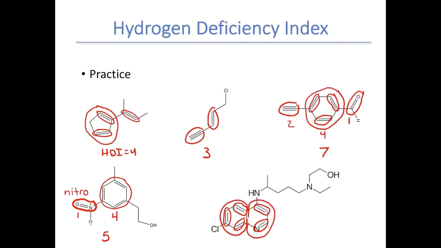And we examine the rest of the molecule, and there are no pi bonds or rings in the rest of it. So that means overall hydroxychloroquine has an HDI of 7. As you can see, looking at the structure and determining the HDI is a fairly straightforward process. Just add up the rings and the pi bonds that are present.